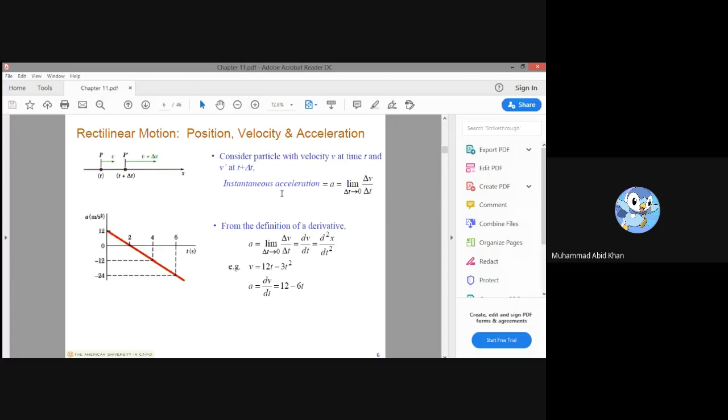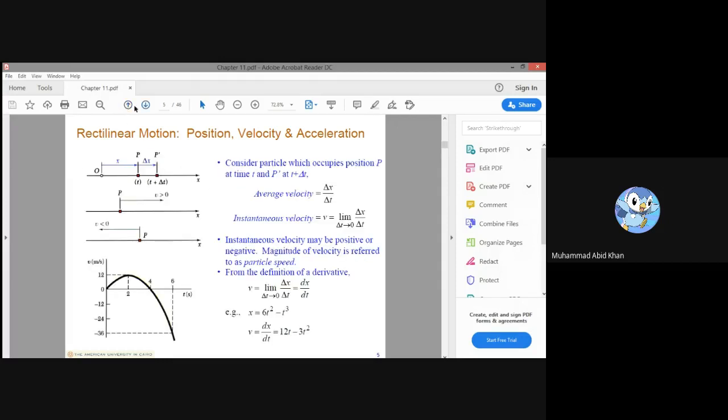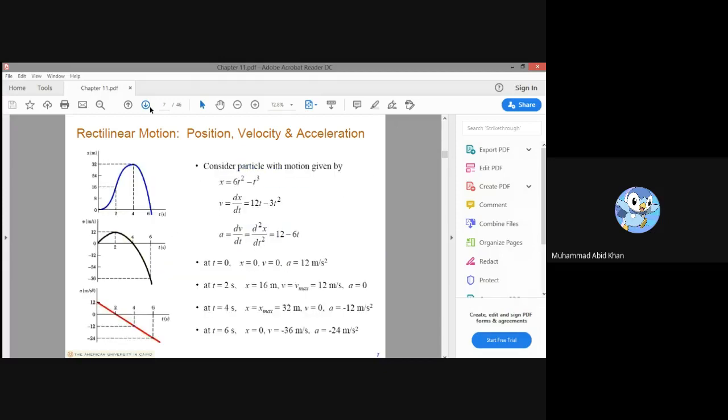Okay, instantaneous acceleration. I think this is the same example but in the negative direction. Yes, the same thing. The example value is given. This one is the negative direction. Before, it was on the positive side of the curve. Okay, let's move on.